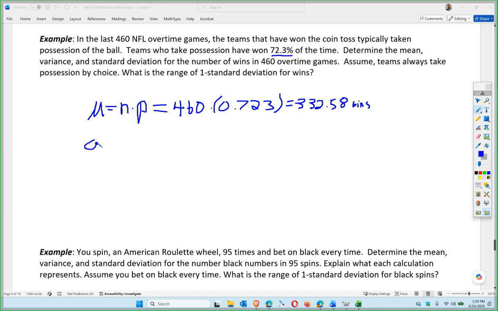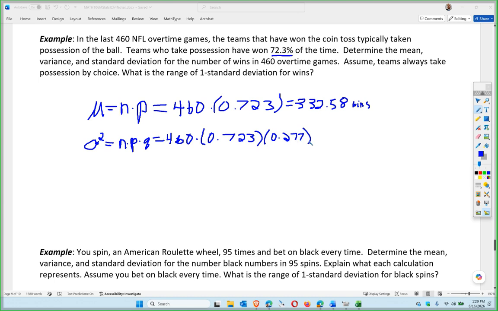Okay, so my variance, sigma squared, right, will be n times p times q, right, which is 460 times 0.723, right? So if you do 1 minus that, you'd get what? 0.277, right?